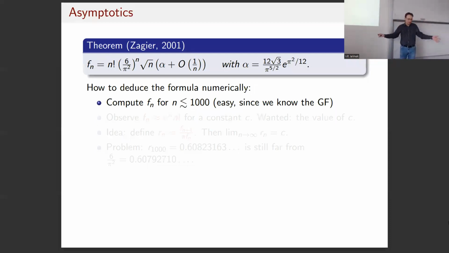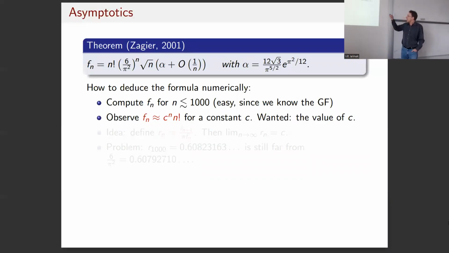So now I'm given a file which is several megabytes, which contains the first, say, 1000 Fishburn numbers. And I can eyeball these numbers and take a guess that they seem to behave like some exponential times n factorial. That's not such a wild guess to make. And now I would like to estimate numerically what this constant c should be. Well, it should be 6 over pi squared, but that's not something you can eyeball from the data directly.